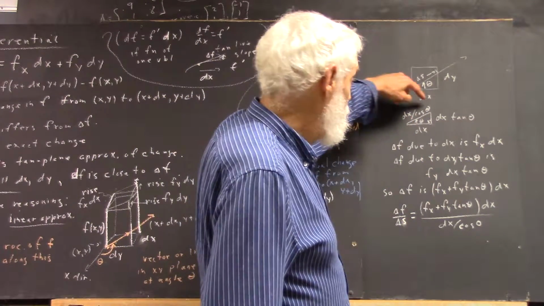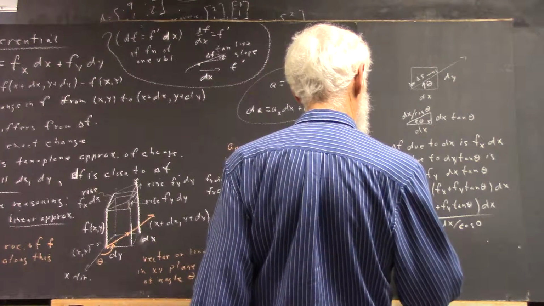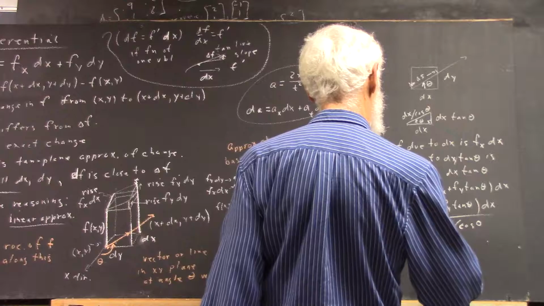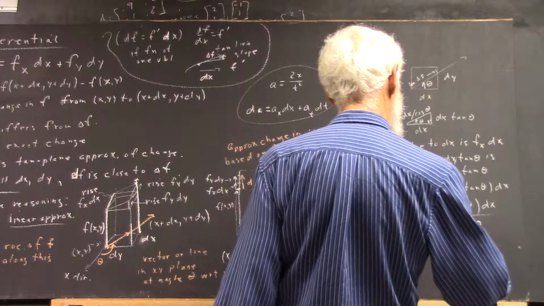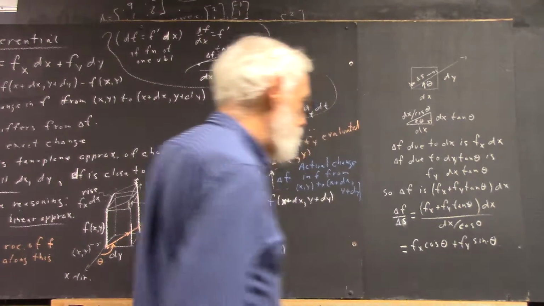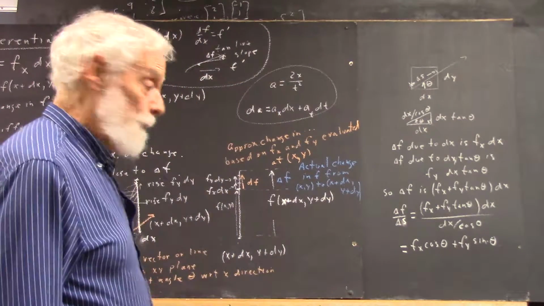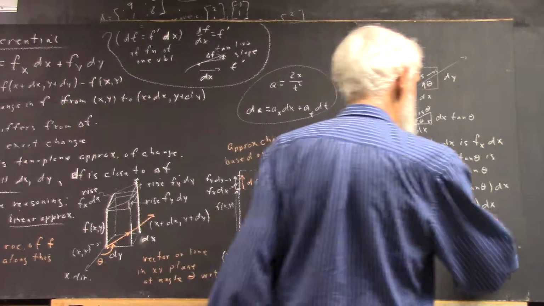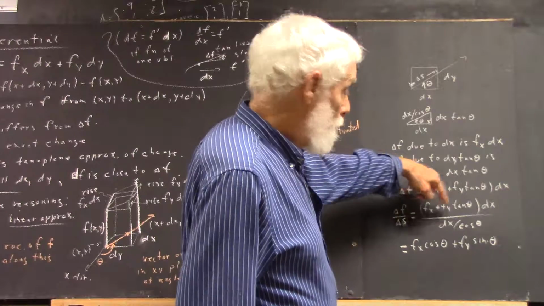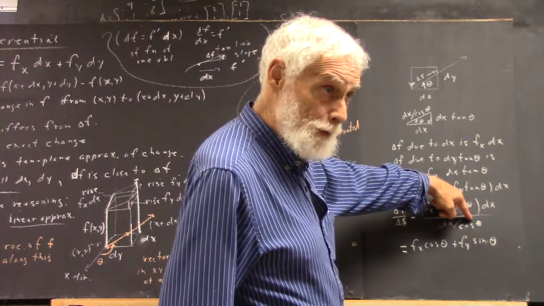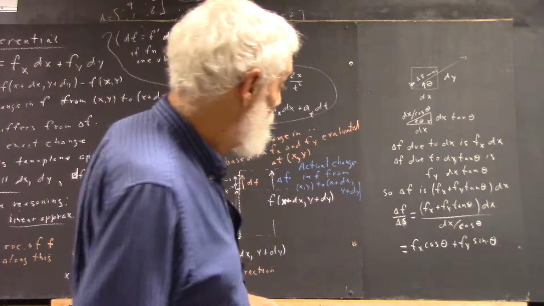Delta S is dx over cosine theta. Okay? I mean, obviously, if you divide by cosine of theta, you're going to get a cosine theta here. You're going to get tangent over cosine times cosine, which is sine, right? So that's trivial, but you might have to write it out to convince yourself. Okay?